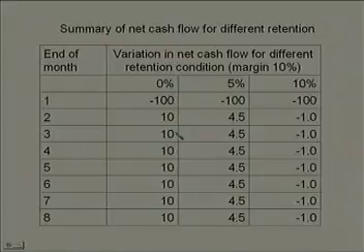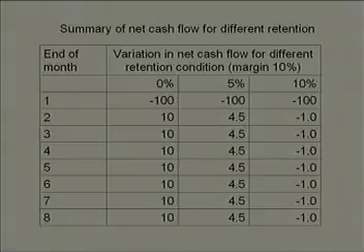When there is 0 retention, you find that for all these months you are having a positive cash flow equal to 10 lakhs. When you increase the retention money to 5%, your cash flow is still positive, but in magnitude its values have come down.